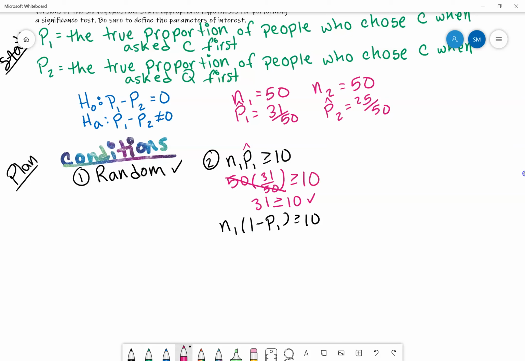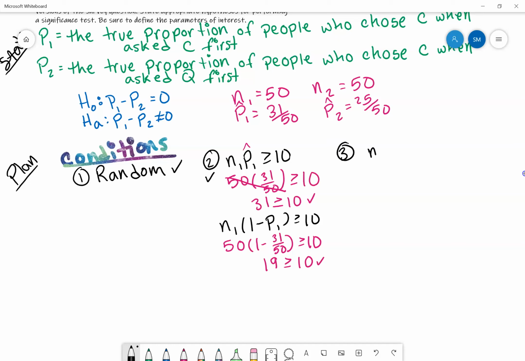So we're going to do 50 times 1 minus 31 over 50. Is that greater than or equal to 10? So that's 19. 19 is indeed greater than or equal to 10, so this is good. So step 2, rocks.